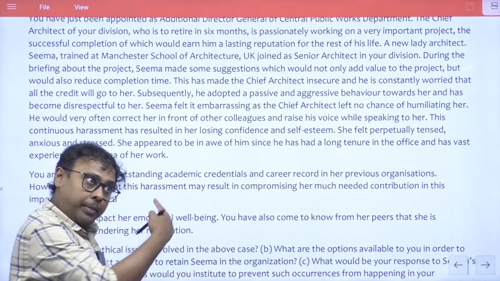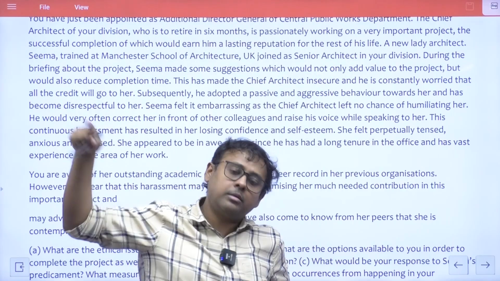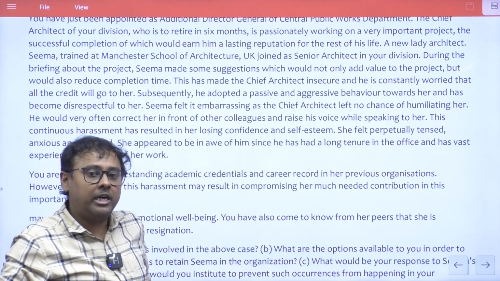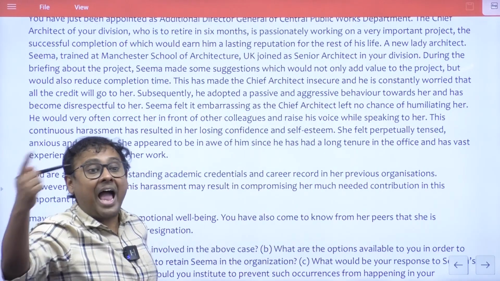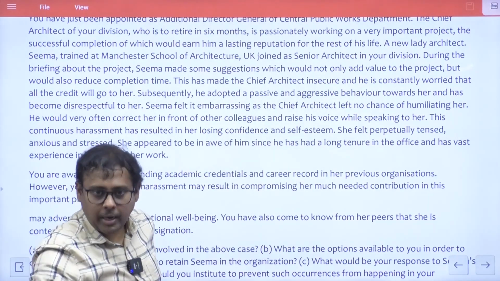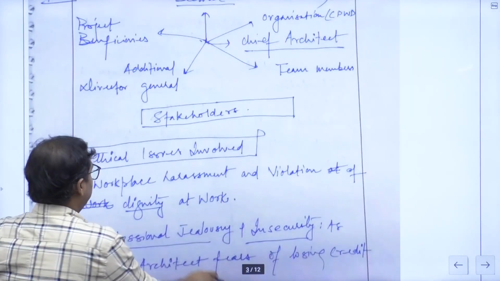Based on this particular issue, we will identify the ethics behind it. Yes, the ethical issue we have to identify. So this will help you identify those values that are abrogated, depleted or violated. Okay? Clear, Anu? Okay, chalo.